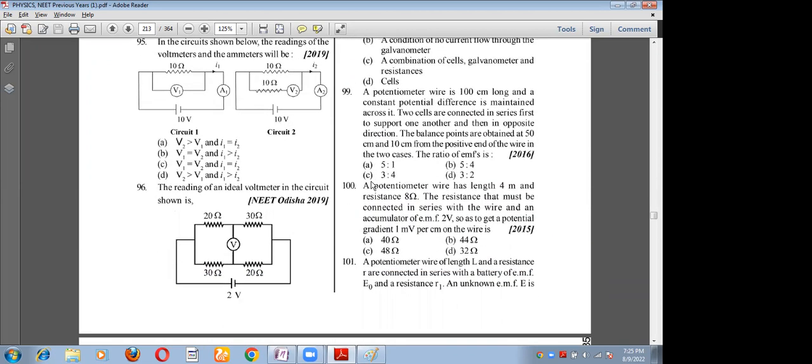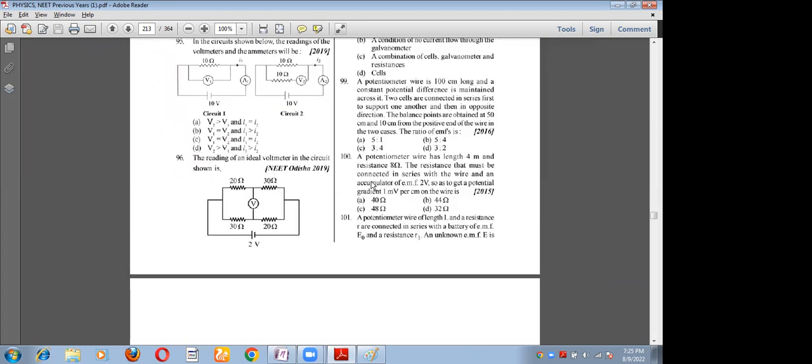So based on that, do this question number 96.